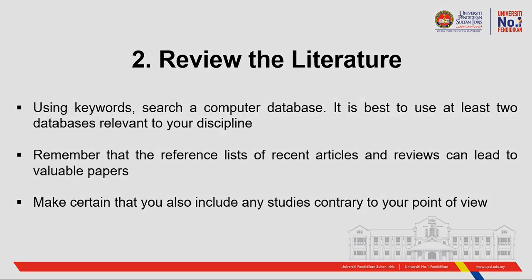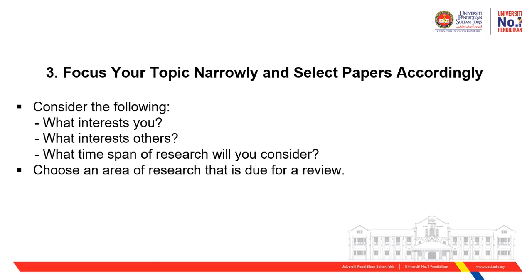Next, focus your topic narrowly and select papers accordingly. For example, just now, development of teaching kit or module. You need to narrow your focus. For instance, which topic, and which level of study. Is it form 4, form 5, form 1?